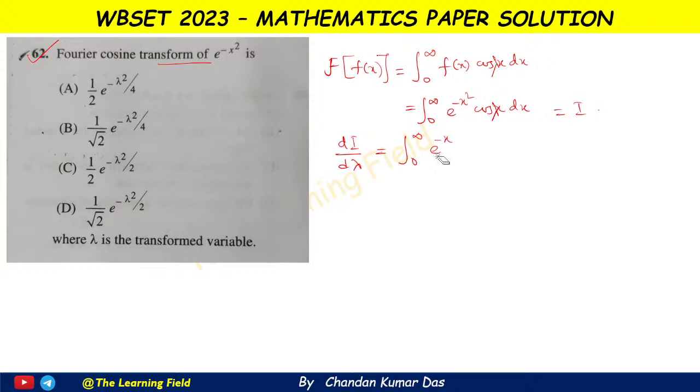So this is equal to del by del lambda of this term, and the other terms go to 0 because they are constant terms, into dx.